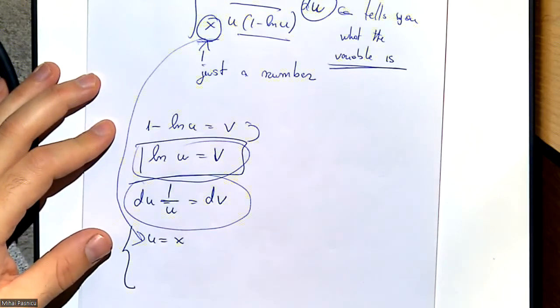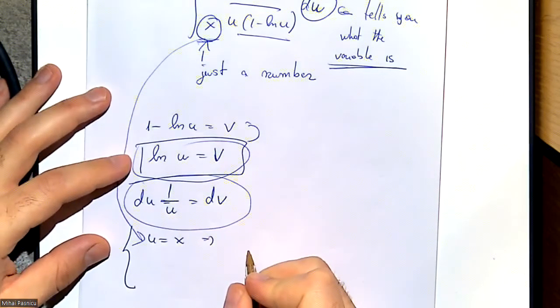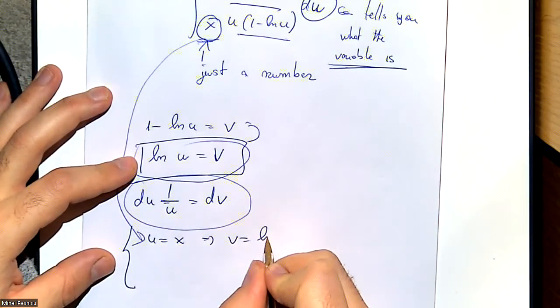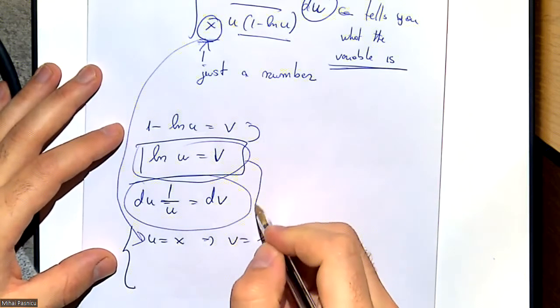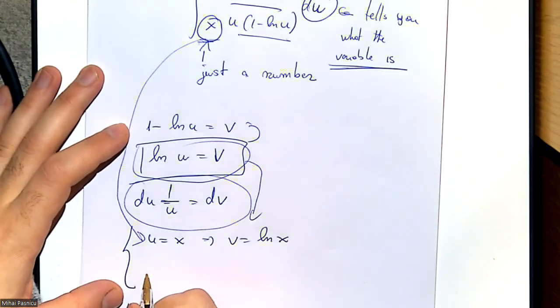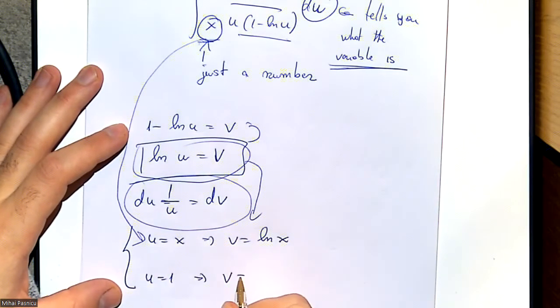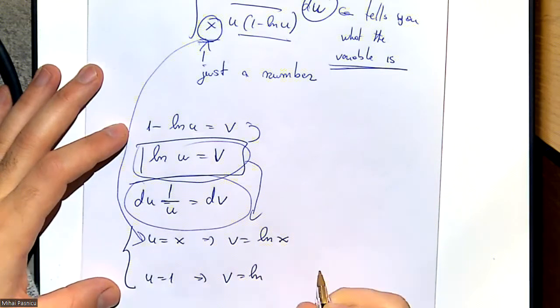If u is equal to x, then it means that v is equal to log of x. Okay, substitution from the rule. Now, if u is equal to 1, it means that v is equal to log of 1, which is 0.